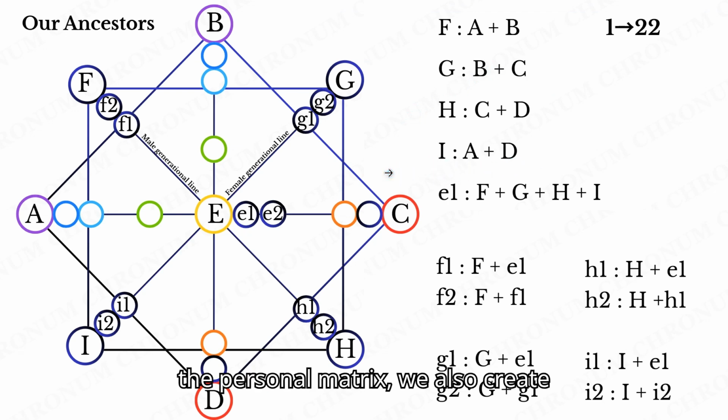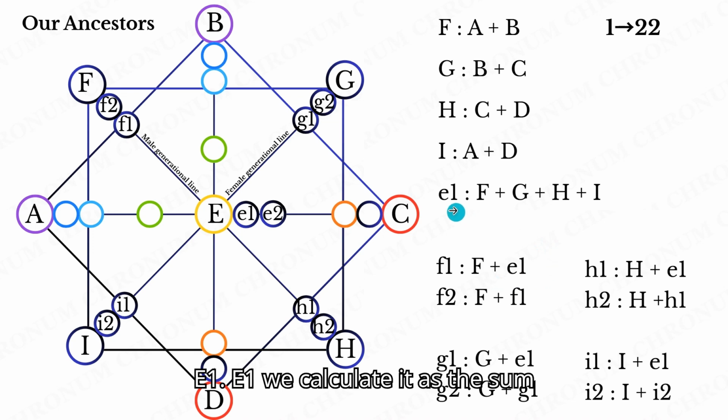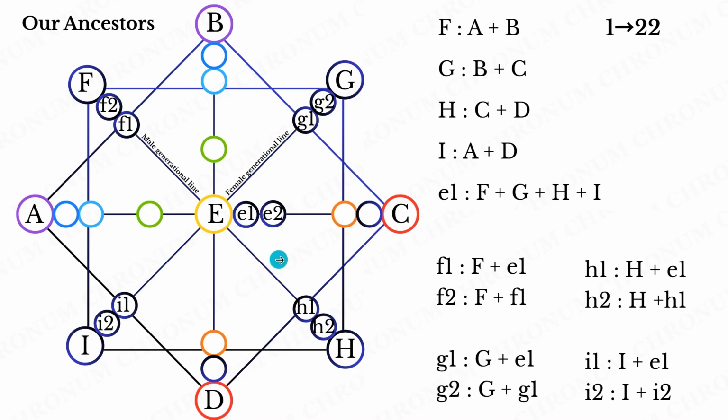As with the personal matrix, we also create secondary numbers. So for example, F1 is the sum of F plus E1. E1 we calculate as the sum of A plus G plus H plus I, the number here.